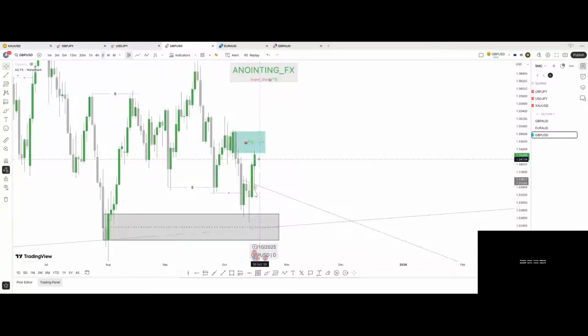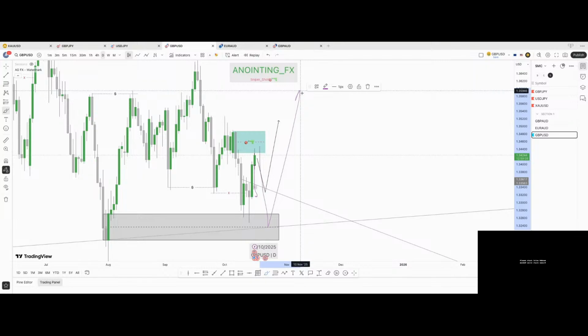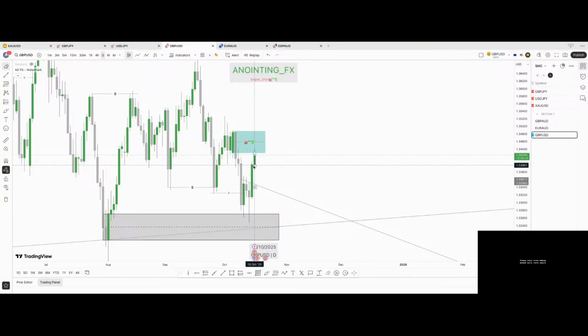Price has already tapped in, so we are looking at price coming down more, or we are looking at price coming all the way to this zone again before it finally goes to the upside. But now price has already tapped inside the zone. So what do we do? We have to refine the mitigation, because you can't just place your trade on such a higher time frame.